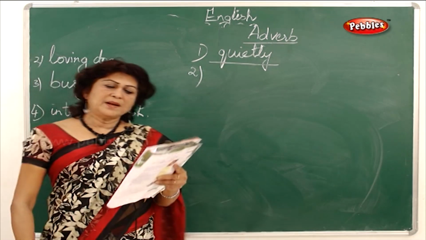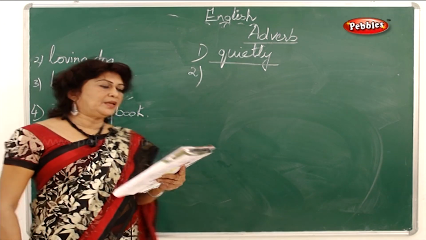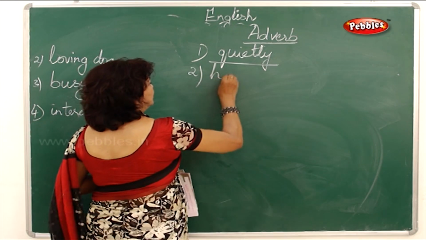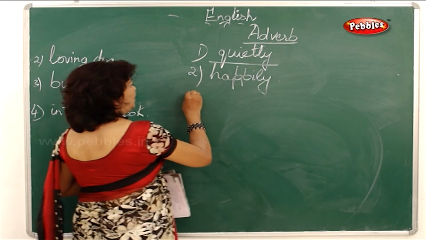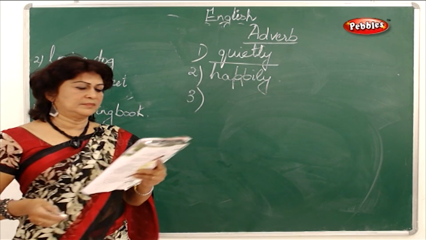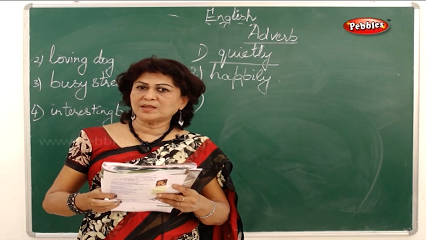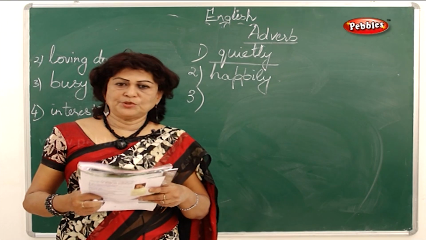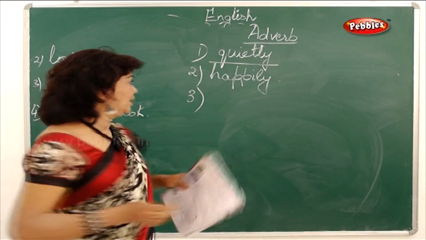Second one, Ravi is happy. He smiles happily. Okay. The third one, our teacher was angry. She spoke to us. I am sure the students made her angry. She spoke to us angrily. Okay.